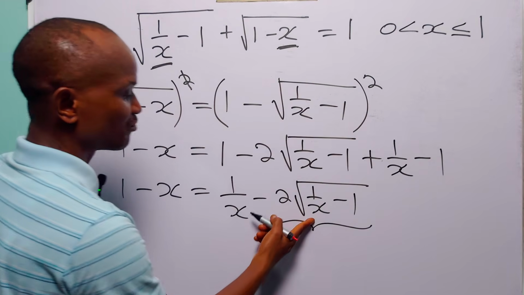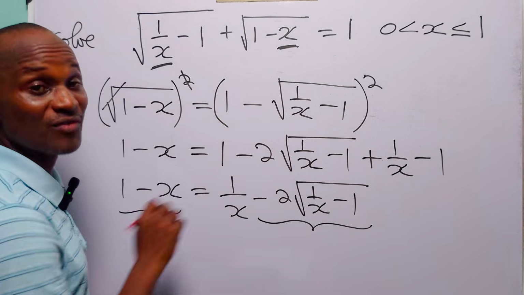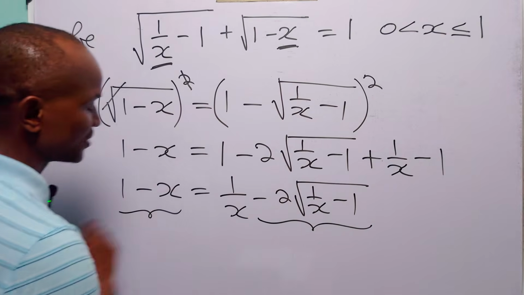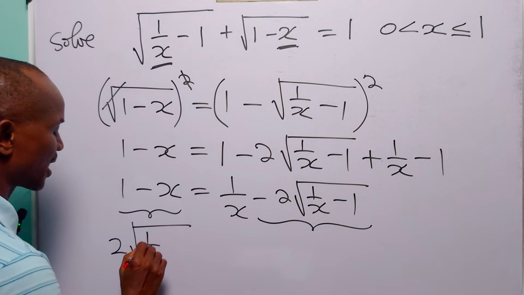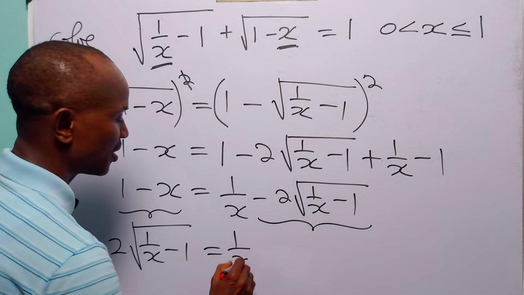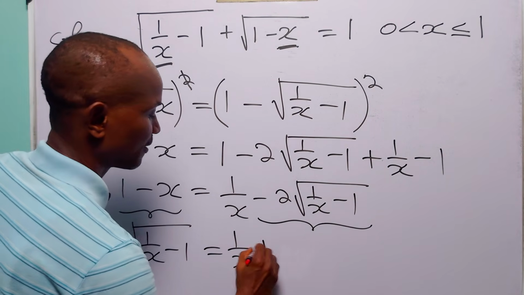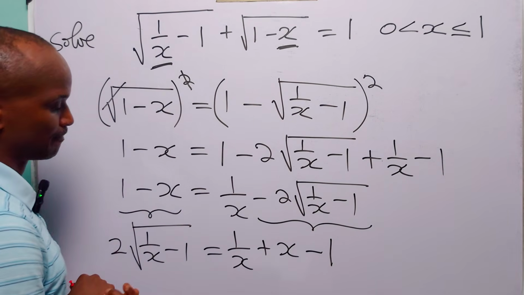To do that, let us move this over to the left and then move these two terms over to the right. When we do that, we have 2 times root 1 over x minus 1 is equal to 1 over x plus x minus 1.